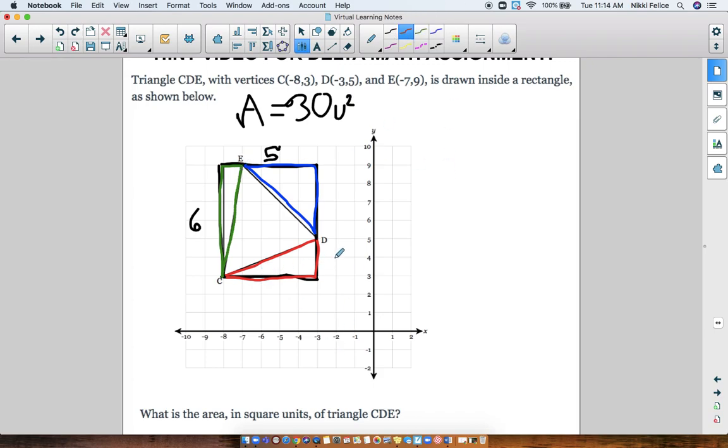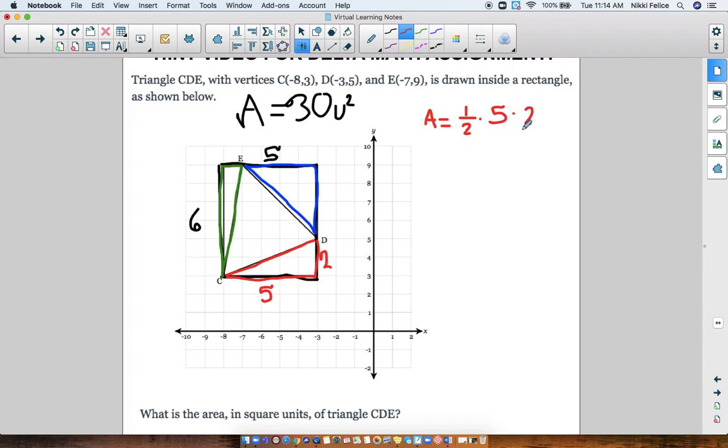Okay, so let's start by finding the area of this red triangle. The base would be 1, 2, 3, 4, 5 units, and the height is 1, 2 units. So remember, to find the area of a triangle, you do 1/2 times base times height. So 1/2 times the base, 5, times the height, 2.